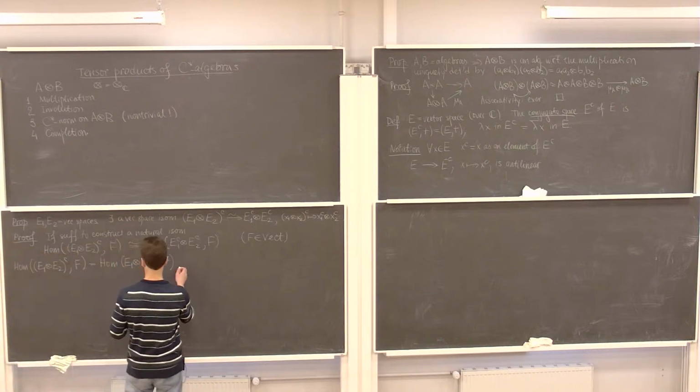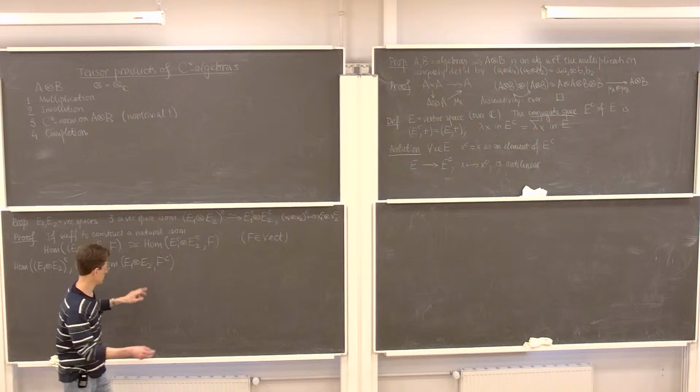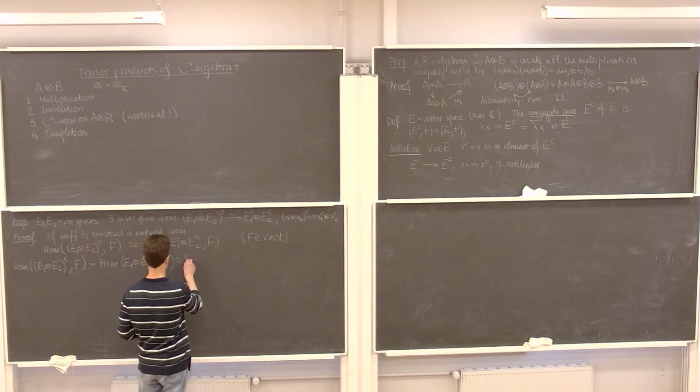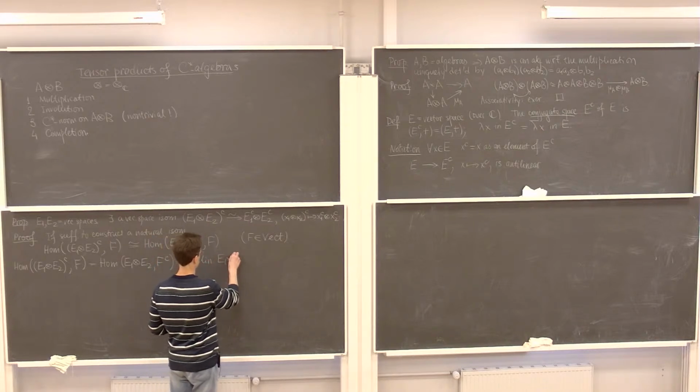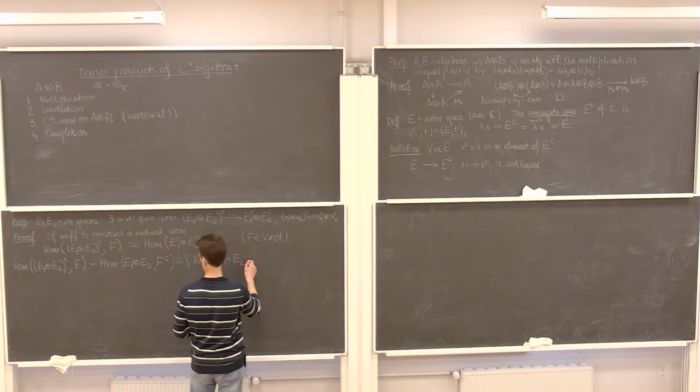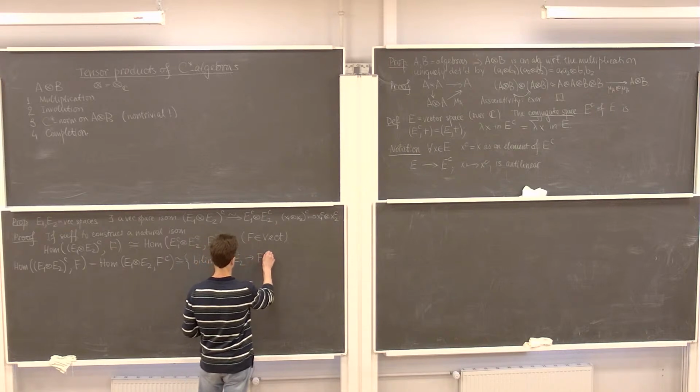Now we use the universal property of the tensor product. So this is identical to the space of all bilinear maps from E1 cross E2 to FC.